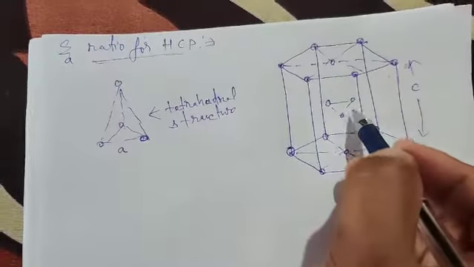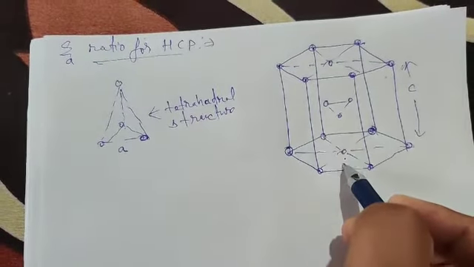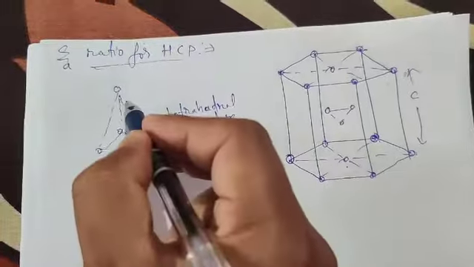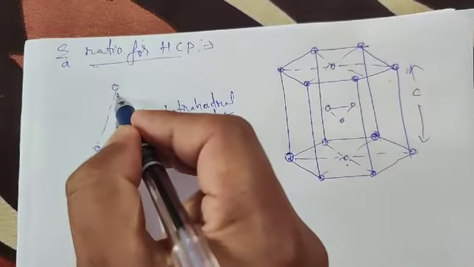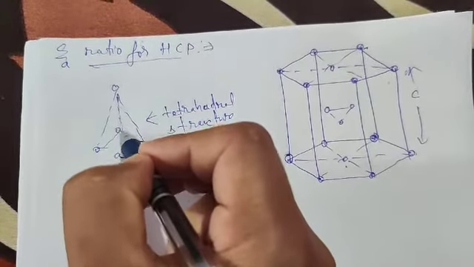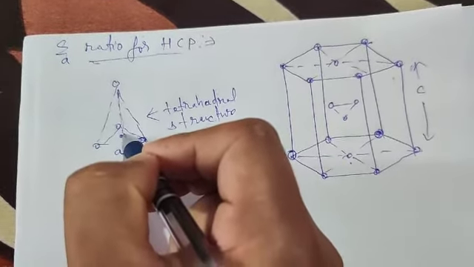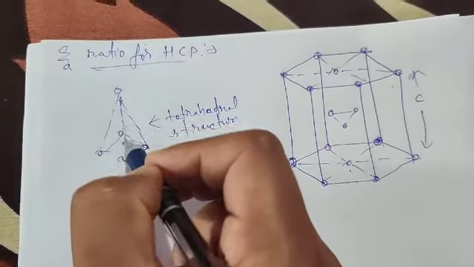If you take this perpendicular from this point to this plane, for example from here this will be C by 2.